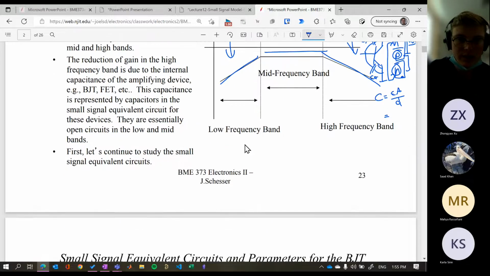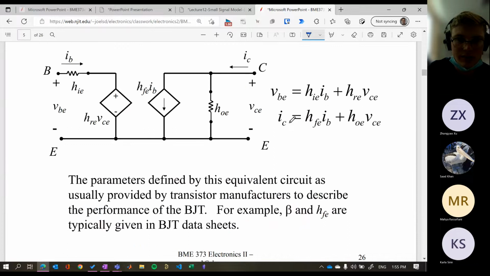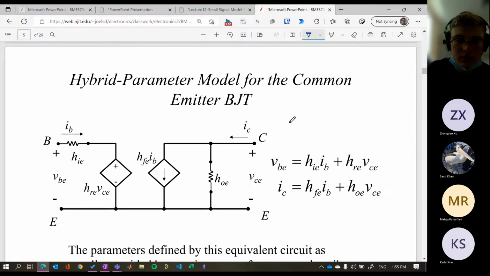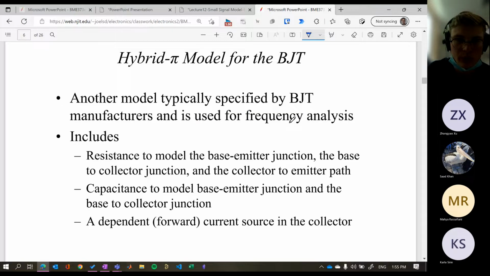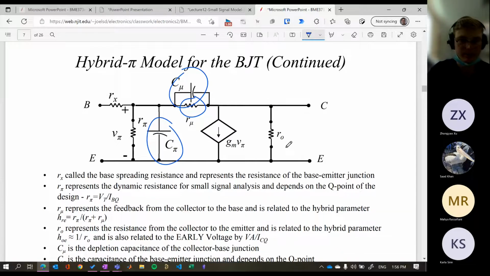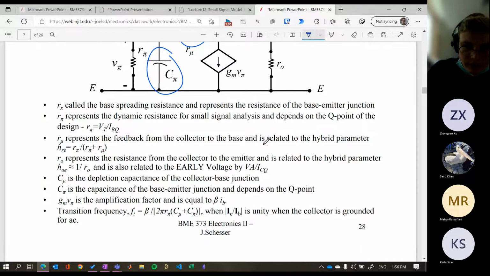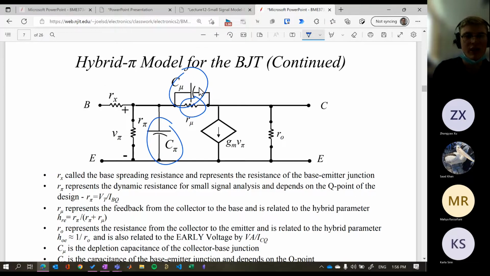So for the low frequency band, we're going to need to start with our hybrid pi model. We like hybrid pi. So in hybrid pi, we've got C pi, C mu, R mu, all of these resistances playing into it. The transition frequency essentially governs the highest frequency that we can operate well, that we can assume this hybrid pi model is holding true.